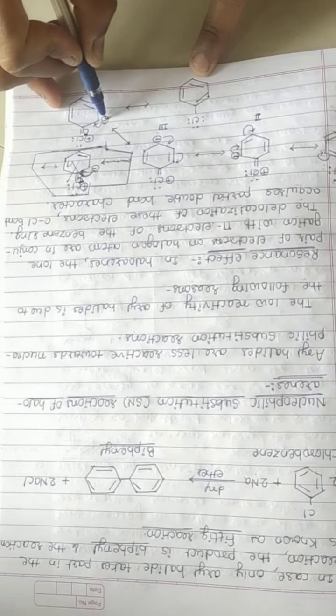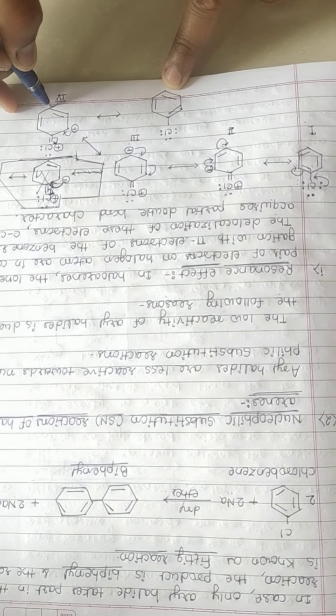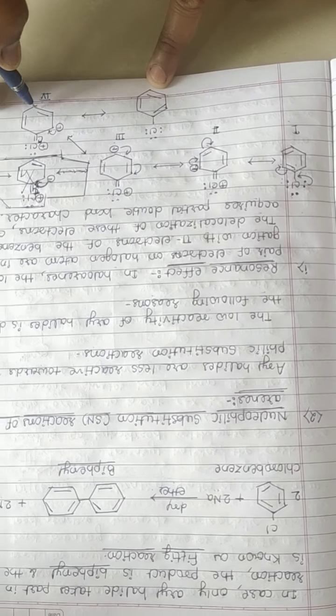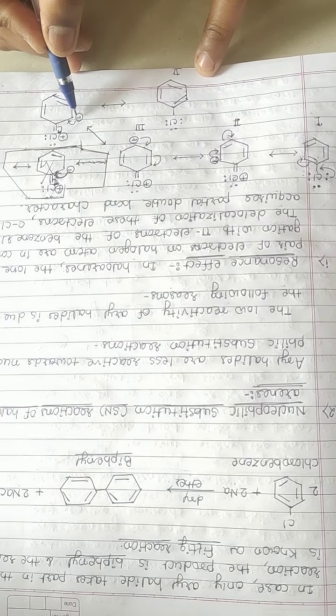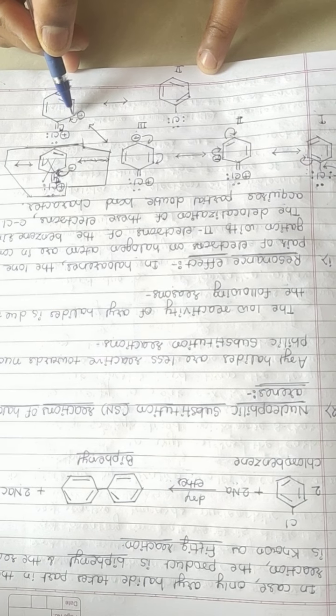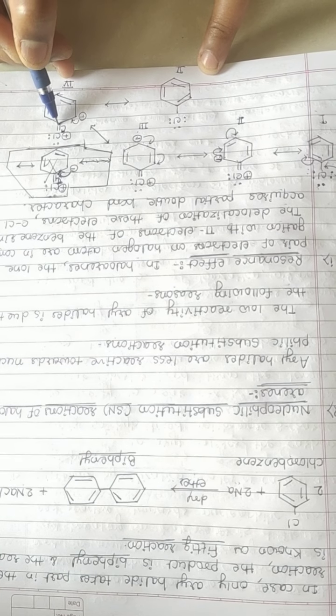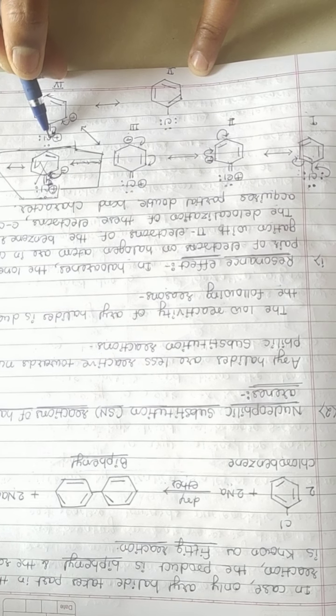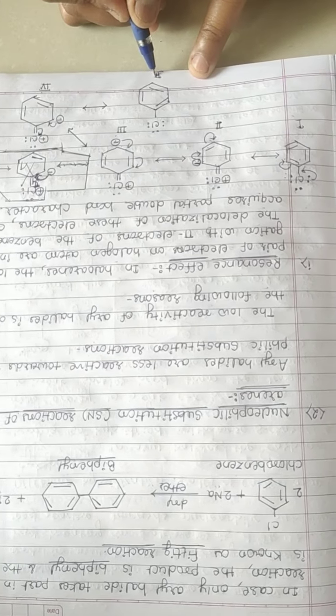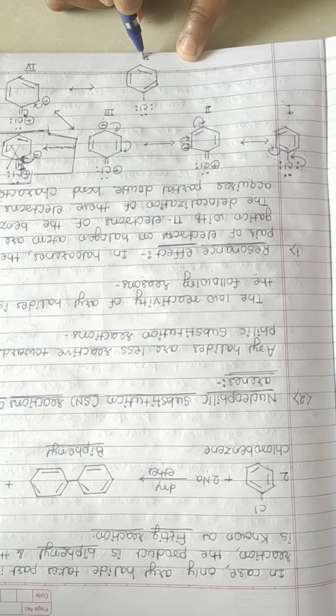Therefore this carbon carries a negative charge, and the double bond is present between these two carbons. The last resonating structure is when these electrons are transferred between these two carbons, then the double bond between this carbon and Cl, the electrons are transferred towards the chlorine, and there is formation of the last resonating structure.